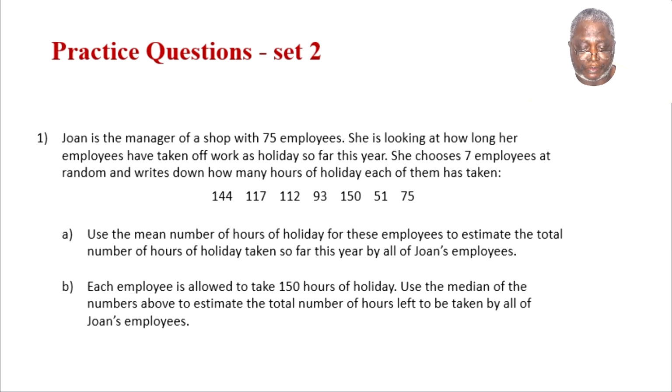Use the median of the numbers above to estimate the total number of hours left to be taken by all of Joanne's employees. So you're using a set of random data to make decisions about a whole group of people.